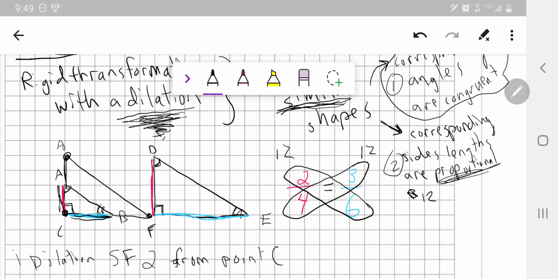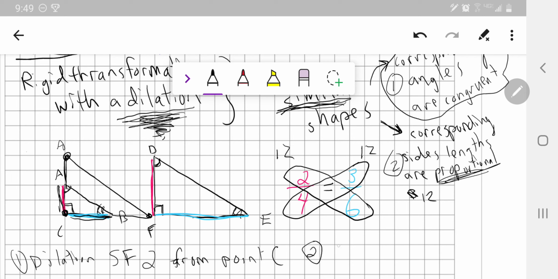So that's my first transformation, but I haven't put it perfectly on top of the other shape, so I'm going to do a second transformation. Now, what could get the new dilated ABC, or maybe A prime, B prime, C prime, to fit perfectly on top?